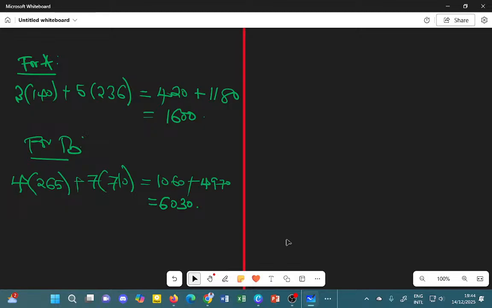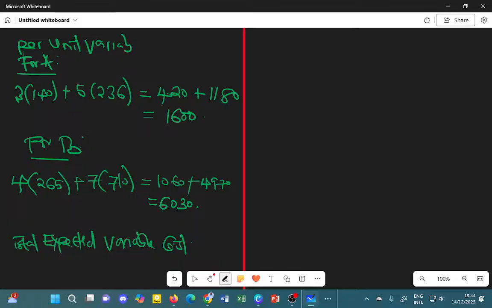So total expected variable cost. And up here, what we should have said is that this is per unit variable cost.